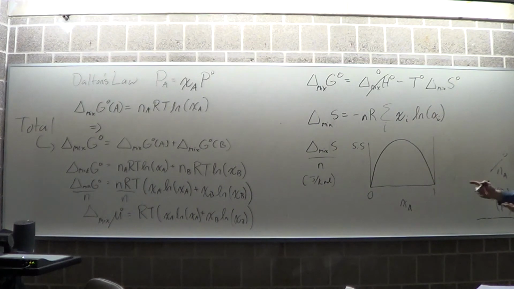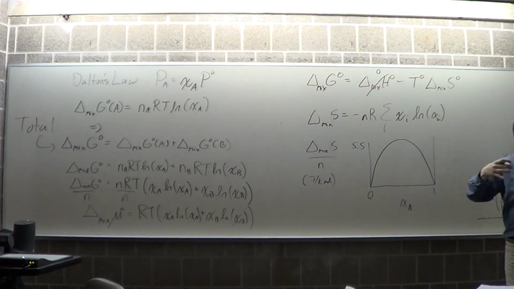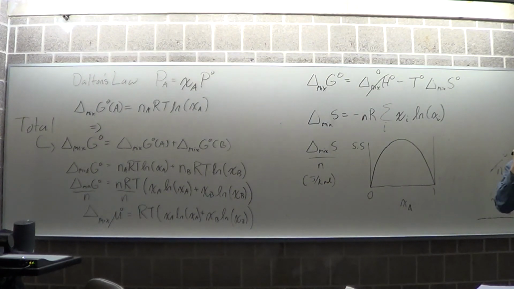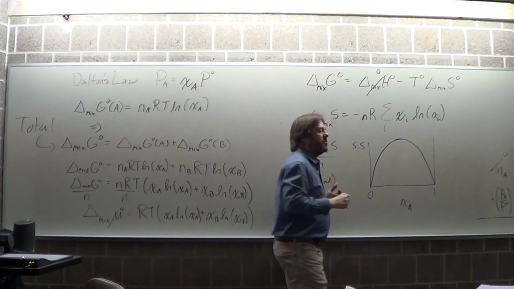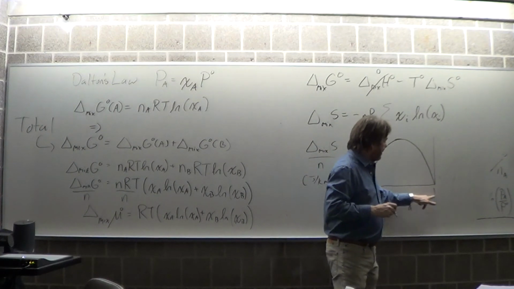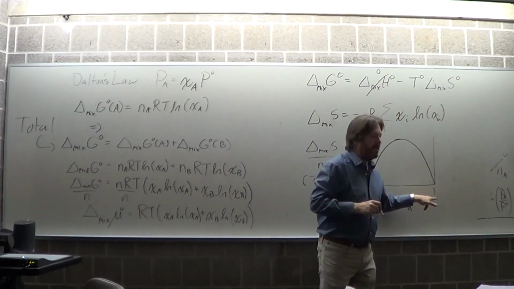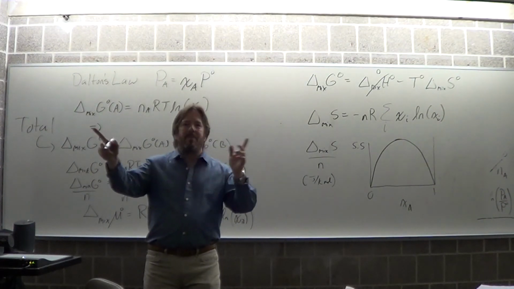Because if you start to balance that more towards A or more towards B, it's intrinsically not as mixed. And hopefully that kind of intrinsically makes sense. So if you're at the halfway point, you get the greatest positive entropy of mixing, but of course if you have no B to mix, or no A to mix with, then nothing happens. So hopefully that makes sense.